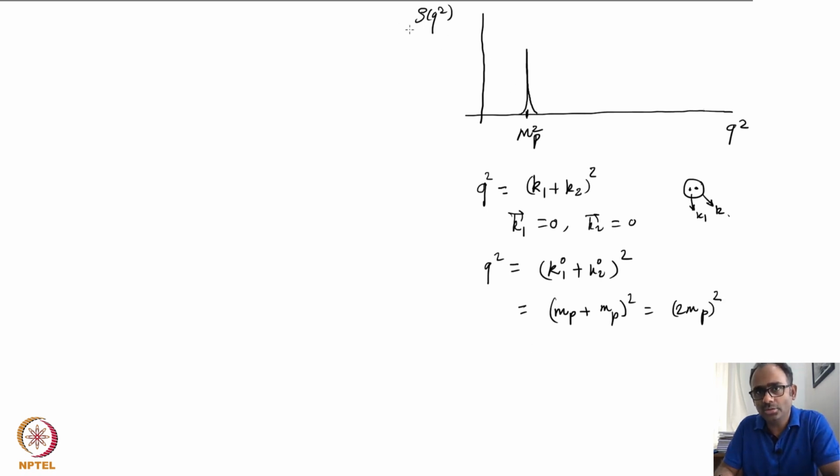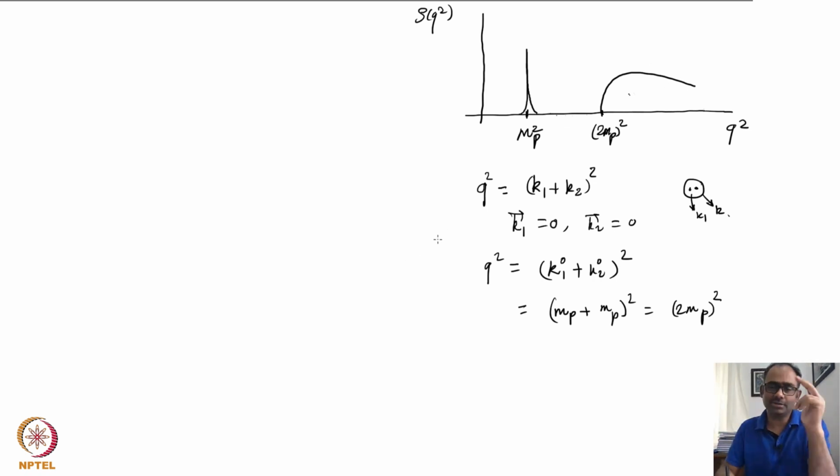So you see that there is no contribution to rho of q square coming from two particle states if the value of q square is lower than 2 mp squared. So here you have 2 mp squared, which is basically 4 mp square, and then you start getting a contribution from here. There is no contribution from the intermediate values of q square, and as I said, it will not be a delta function, it will be some distribution. So the contribution from multi-particle states starts from here, so it will look something like this.